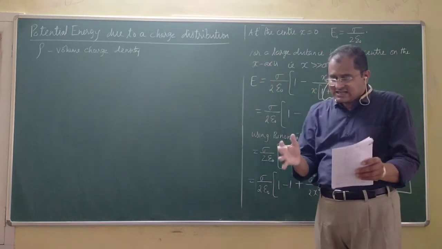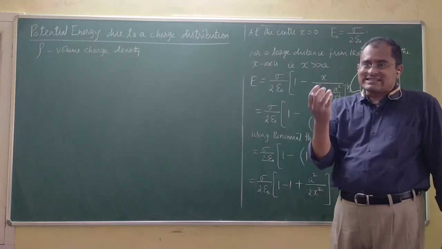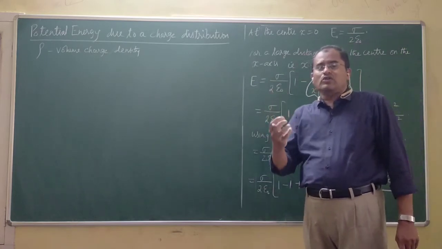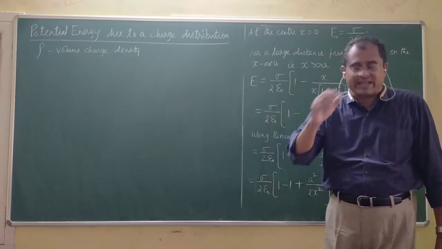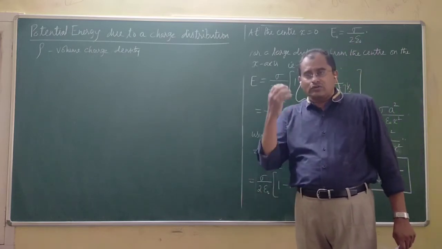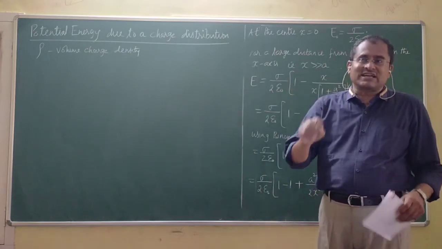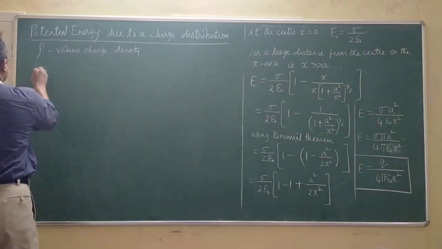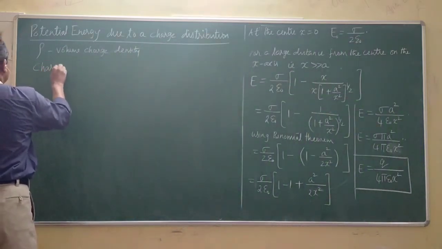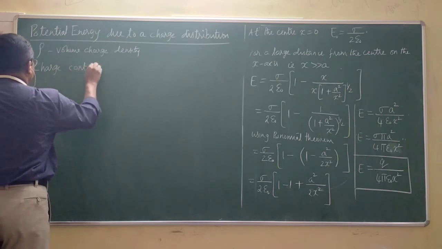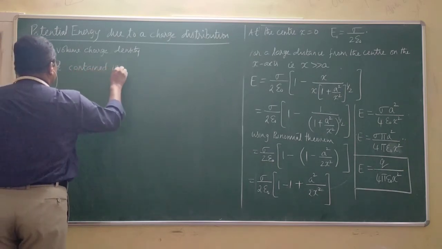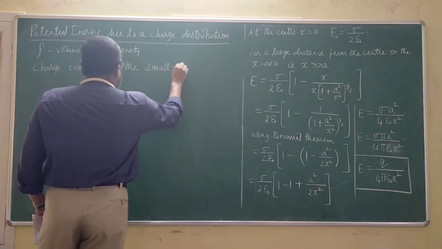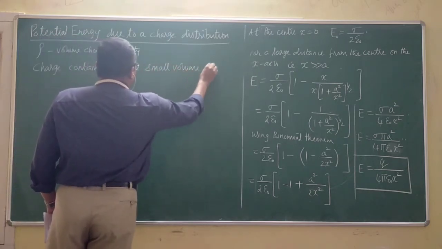In the continuous charge distribution, let us consider a small volume. The small volume we are considering is dV. We want to know what is the charge contained in the small volume. Therefore, we write charge contained in the small volume dV.